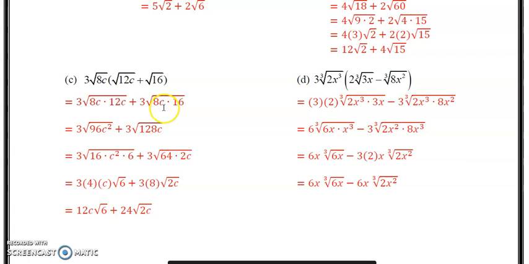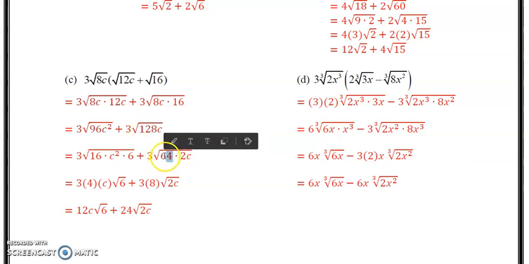And then we do the same thing with the second half, so it would be 3 root 8c times 16. So the 8c multiplied by the 16 underneath the square root, we get 128c. 64 is the greatest perfect square factor in 128, so we got 64. Take the square root of 64, we get 8.